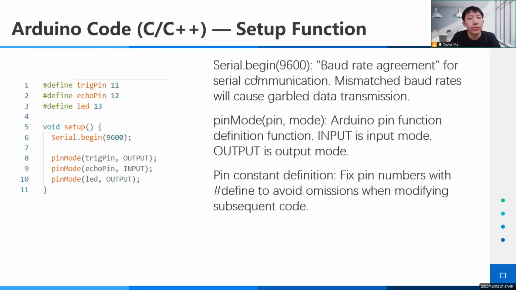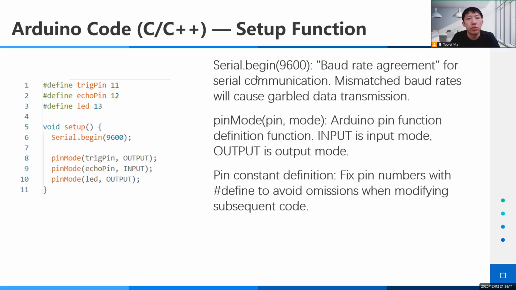Arduino code. This is the setup function code of Arduino. First, we define three pin constants for trig, echo, and LED, which match the hardware connections. Then we initialize serial communication with a baud rate of 9600.